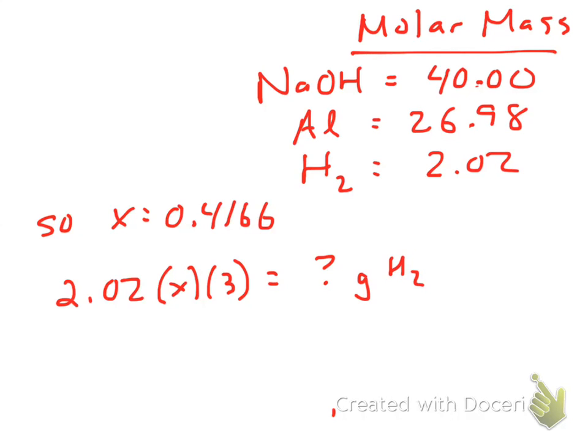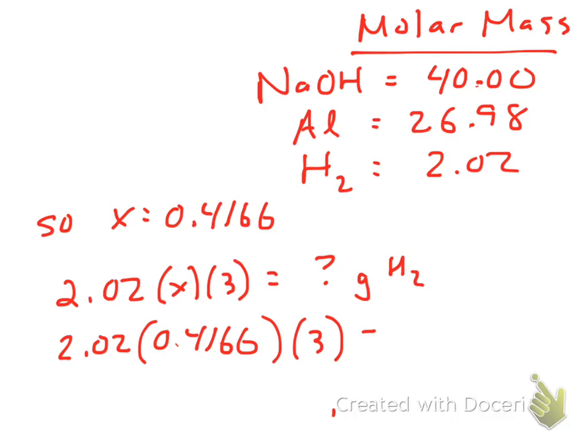So we plug in our 0.4166, 2.02, 0.4166 times 3, and that equals the number of grams of hydrogen. This equals 2.525 grams of hydrogen. That is your answer.